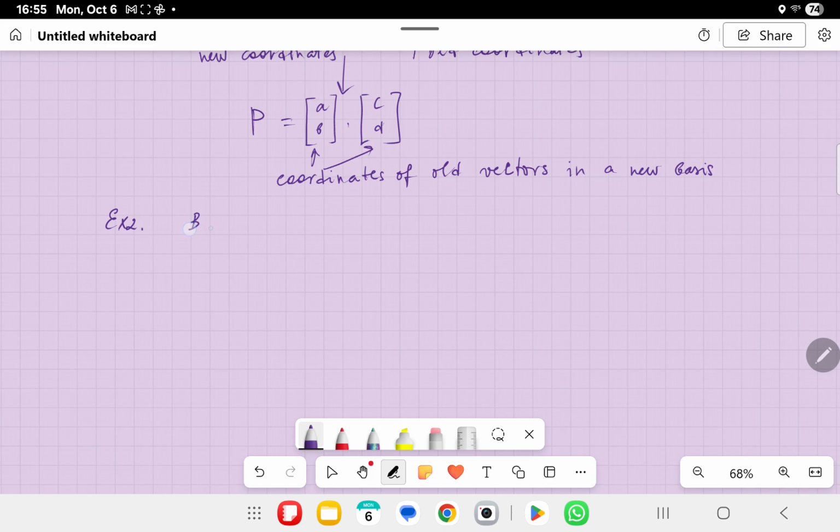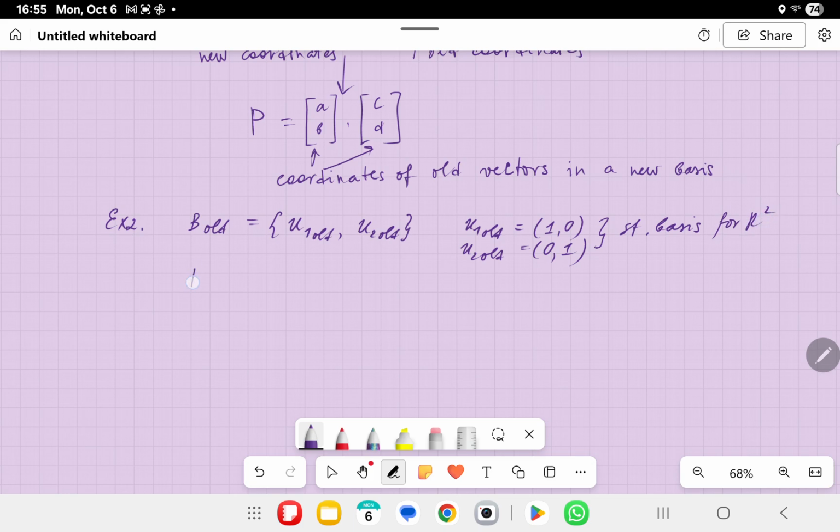So let's consider B old basis, and it's going to consist of two vectors, u1 old and u2 old. u1 old is going to be (1, 0), and u2 old is going to be (0, 1). So my old basis is actually the standard basis for R2, right?